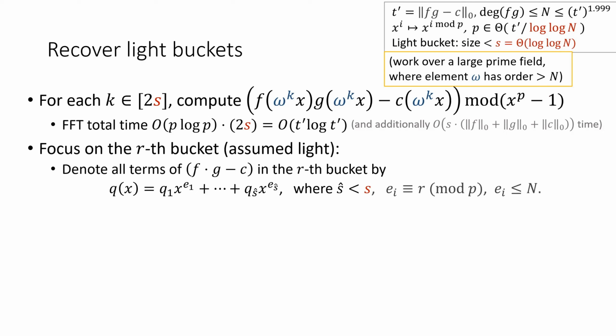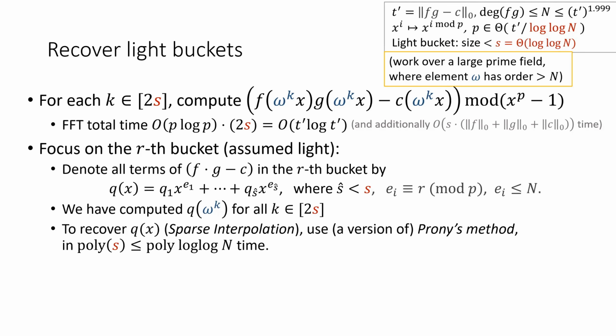Let's denote all the terms of fg minus c in this bucket by this polynomial q of x. Then the result from this FFT computation at the beginning will give us all the values of q evaluated at omega to the power of k for k from 1 to 2s. Using this information, we can recover the polynomial q of x.